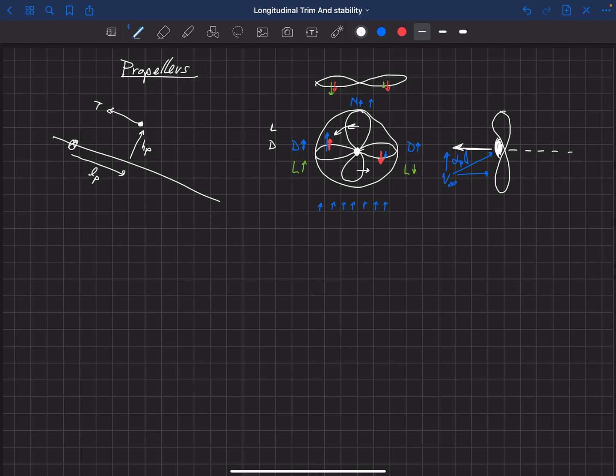And now we're not only going to include the thrust, which is obviously a big component to our pitching moment if we have some vertical offset, but we're also going to include this normal force, that's N sub P, the normal force on the propeller that's a function of the angle of attack that the propeller is seeing.